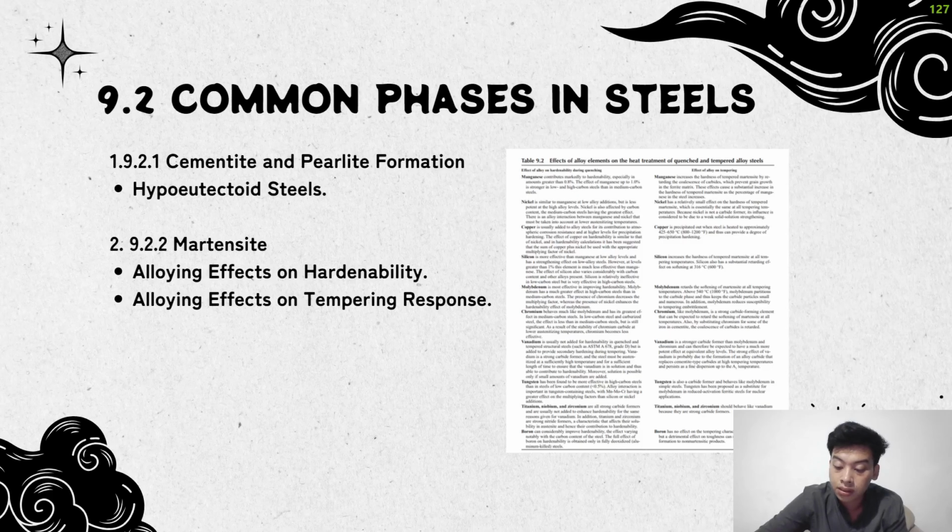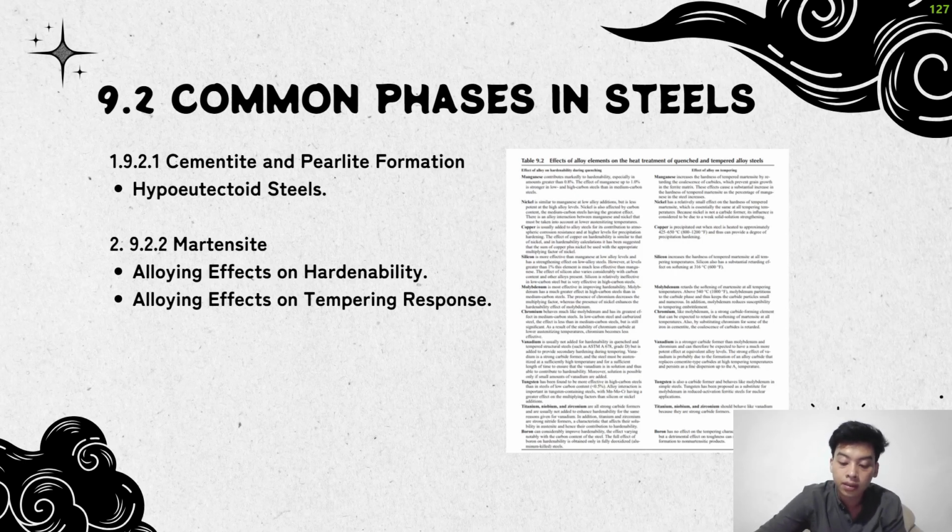The metastable phases are pearlite, martensite, and bainite. The phases are summarized in Table 9.1 and described in more detail in this chapter.